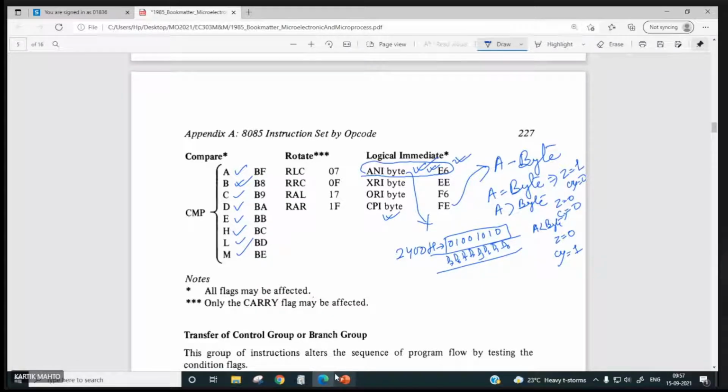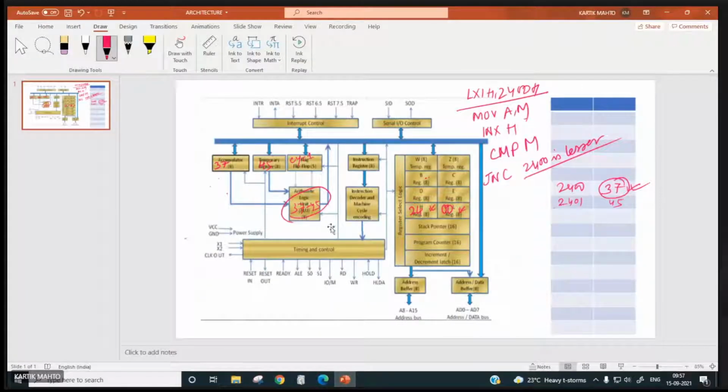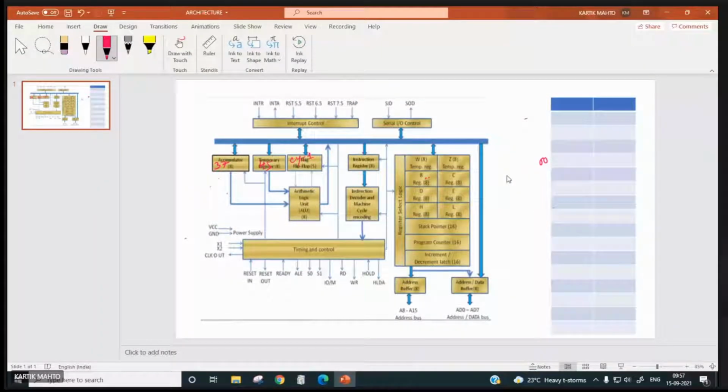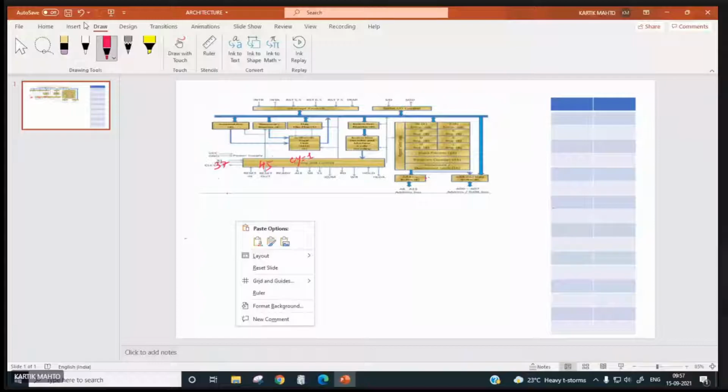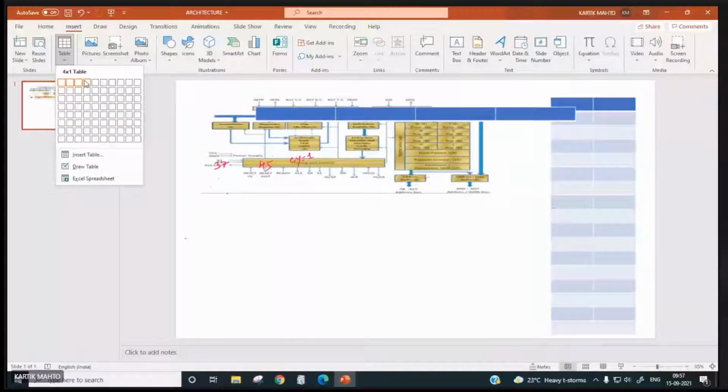Let us do it. How will it be done? So for that, let us insert a table over here, with 8 bits.